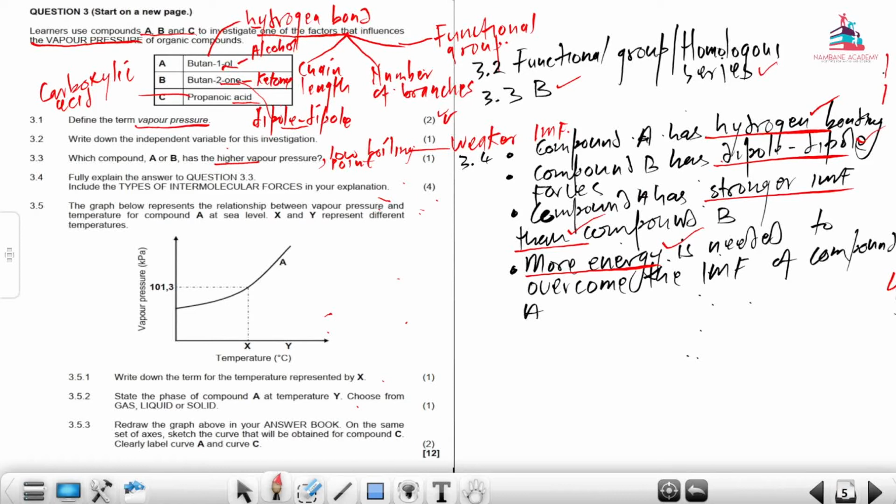But remember, if it's chain length and number of branches, maybe I should highlight here, definitely bullet number 1 should address the nature of the structure. Large surface area, increase in number of branches are things that we'll be looking to see at bullet number 1, once we are comparing chain length and the number of branches.